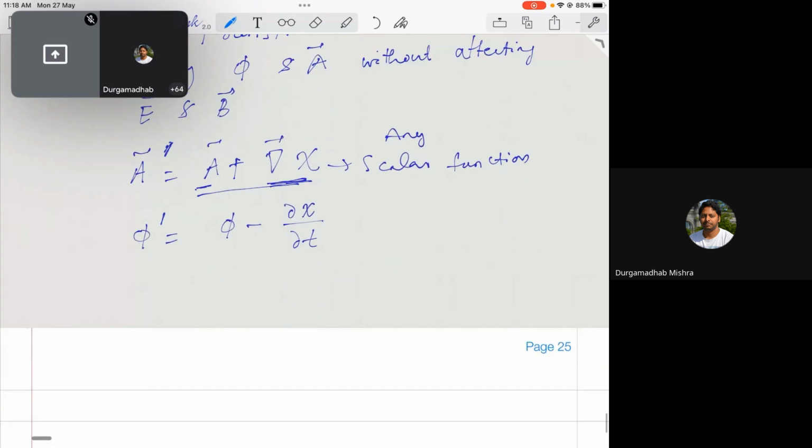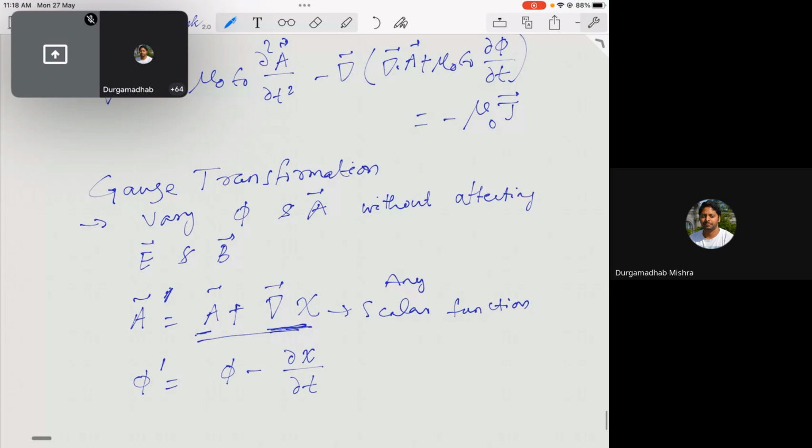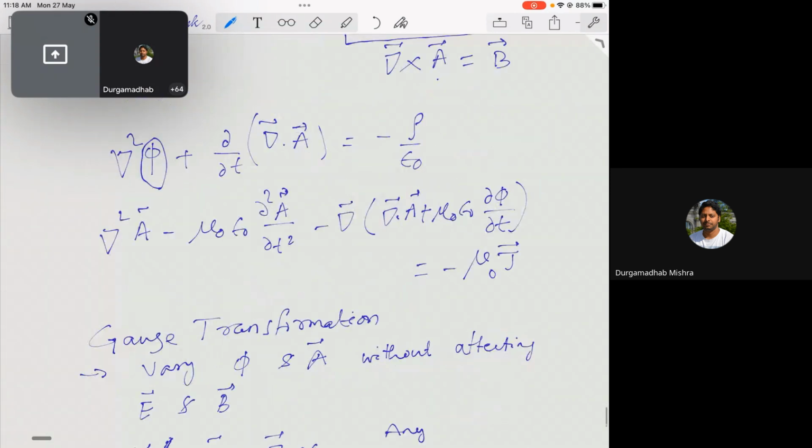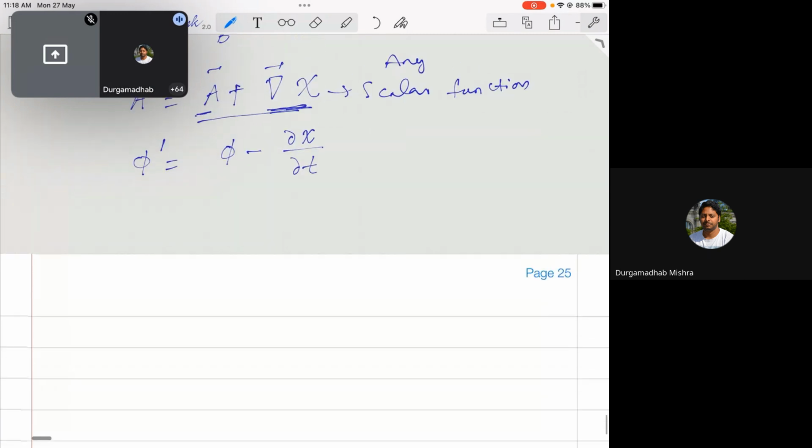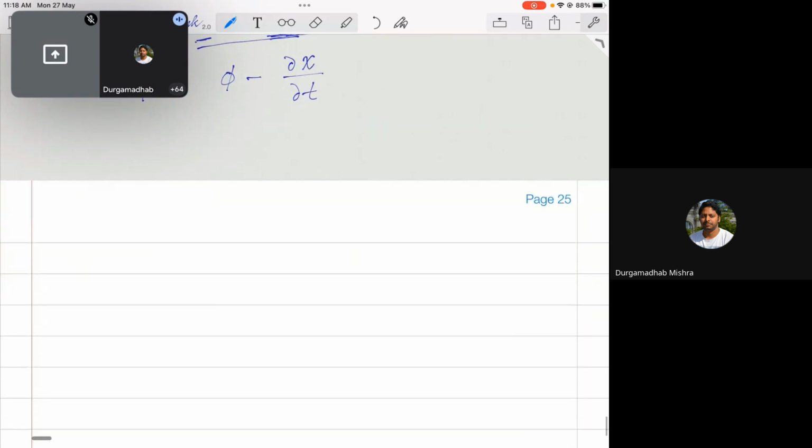Because I know the magnetic field is the curl of A. Now if I change to A prime, I write this as B prime, a new magnetic field due to the new vector potential, curl of A prime.